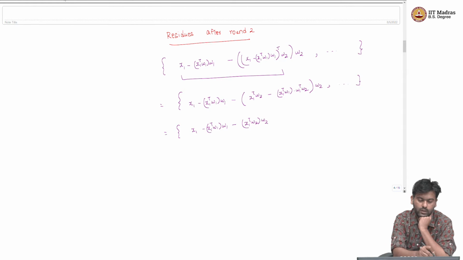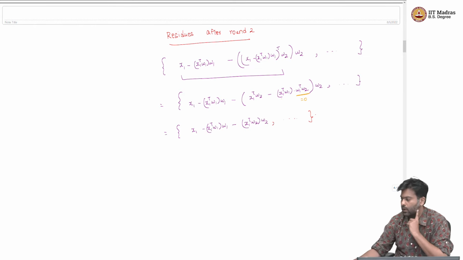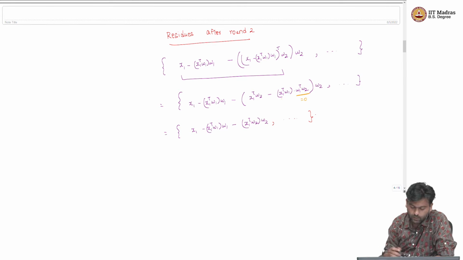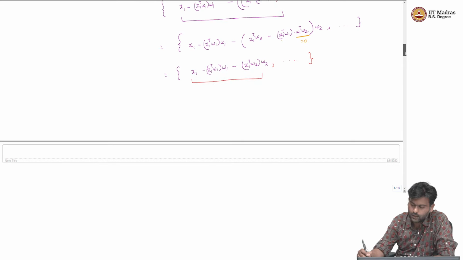But now we notice that because W1 and W2 are orthogonal, this value is 0, which means that this second term is 0, right. So, this would be our first data point and so on, right. So, after round 2 we observe that the residue is x1 minus x1's projection onto W1, minus x1's projection onto W2.